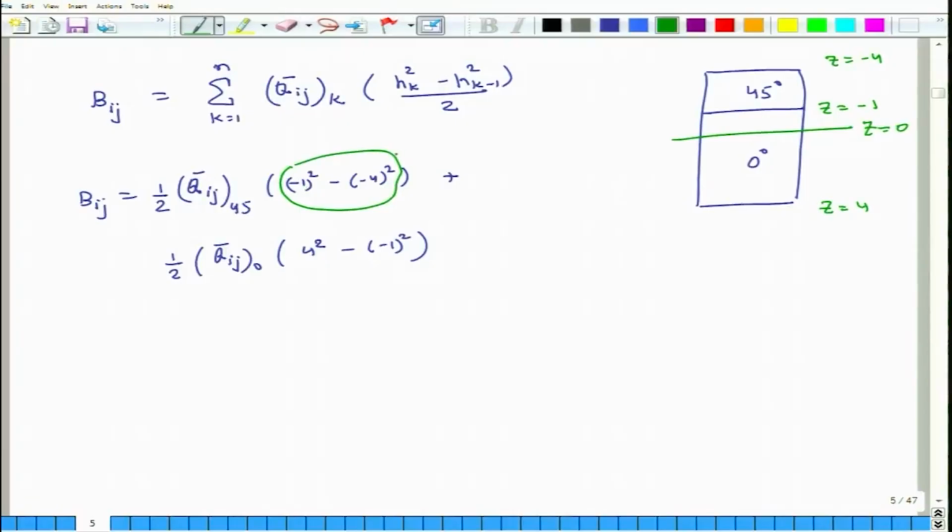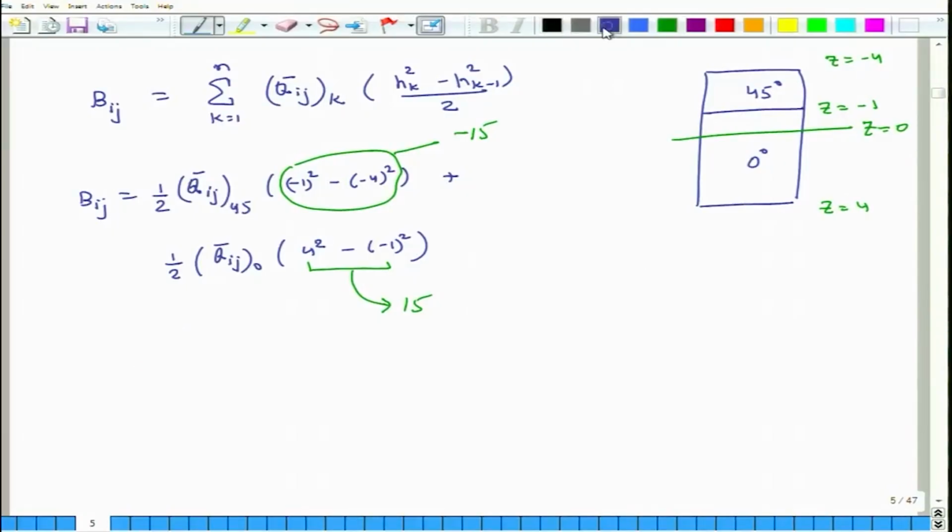1 minus 16, minus 15, right, and this is how much? This is 15. So, when I divide it by 2 it is 7.5.